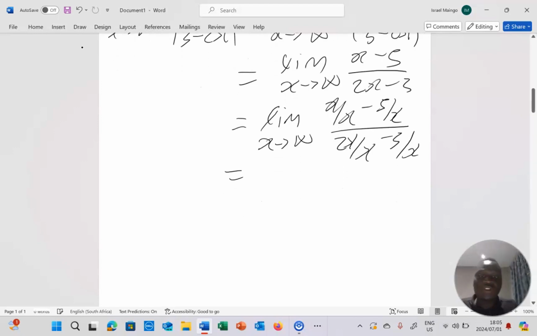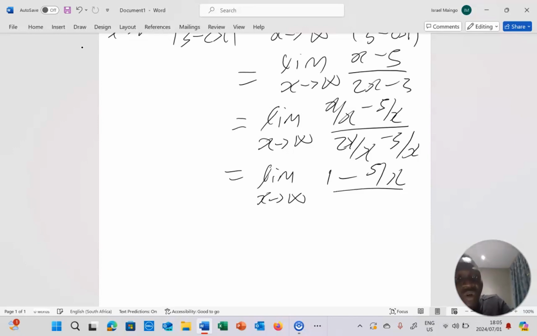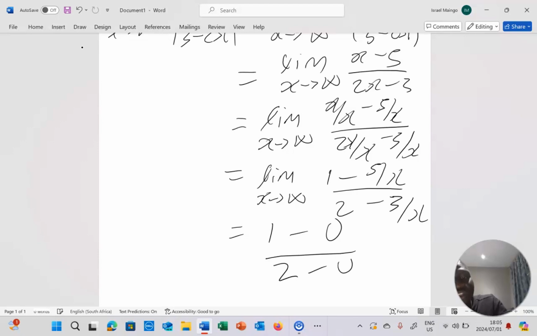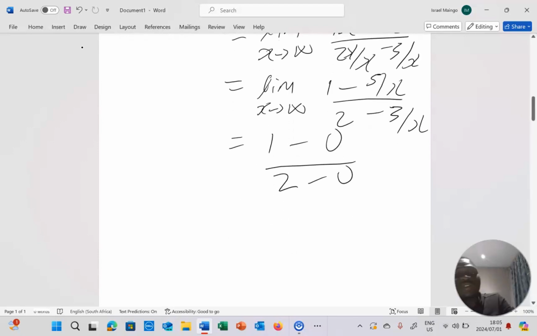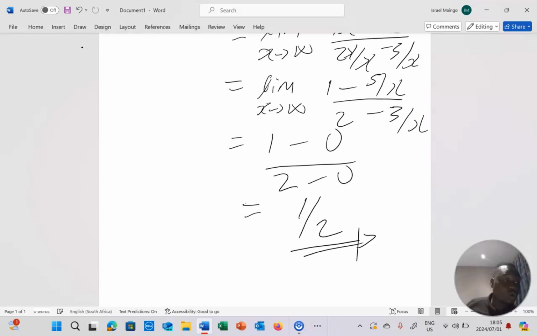This will be equal to the limit as x approaches infinity of 1 minus 5 over x, all divided by 2 minus 3 over x. So we use limit laws. The limit of a constant is the constant, the limit of 5 over x is 0, the limit of 3 over x is 0 by that theorem. So this will be 1 minus 0, which is 1, over 2 minus 0, which is 2, then the answer is just 1 over 2.